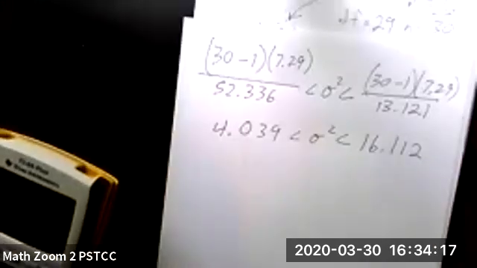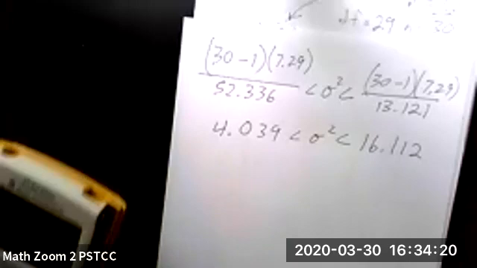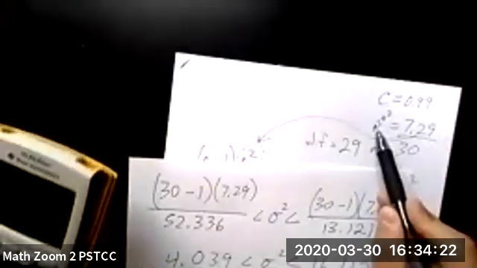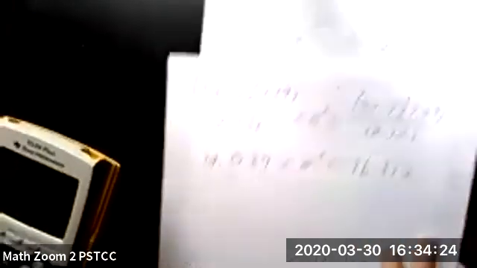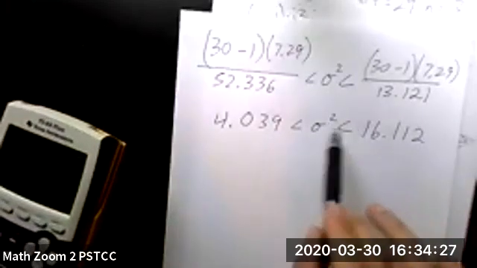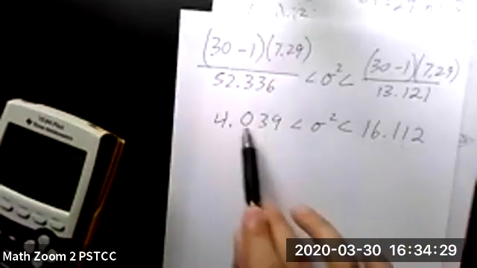Now, a good check that your solution is on the right track: if you look at the sample variance, 7.29, that would fall somewhere inside of this confidence interval.